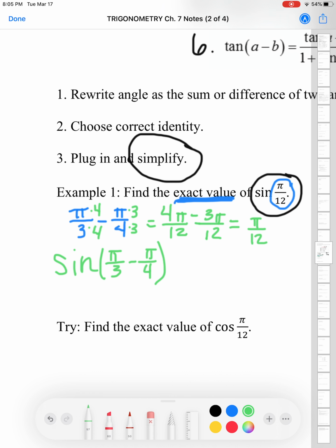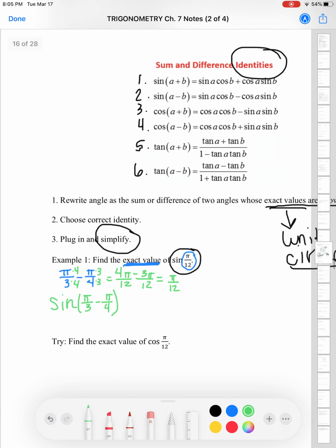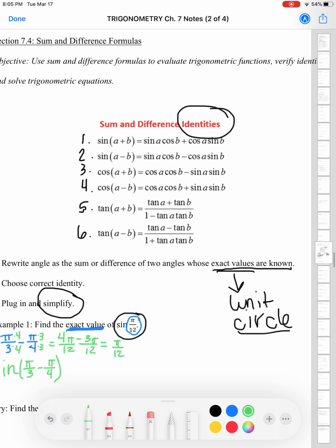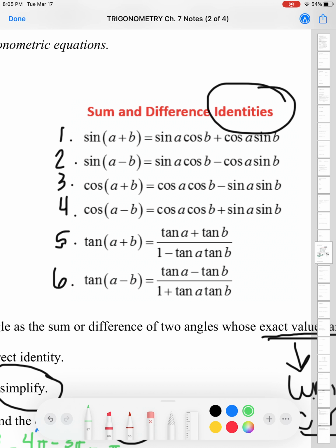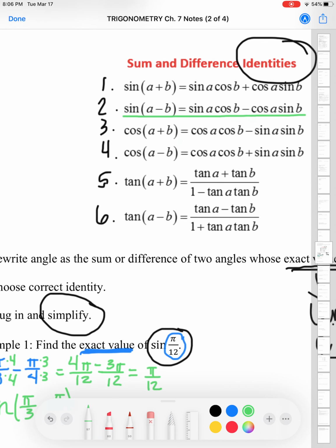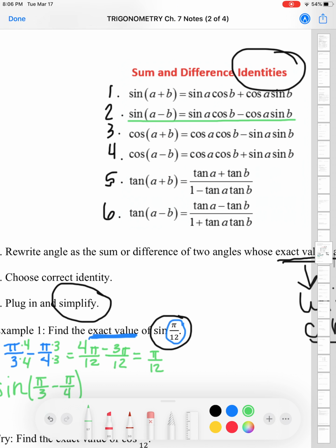Okay. Well, if we go back up to our identities over here, that's this green one that I just underlined, number 2, sine A minus B. Our A would be pi over 3, our B would be pi over 4.